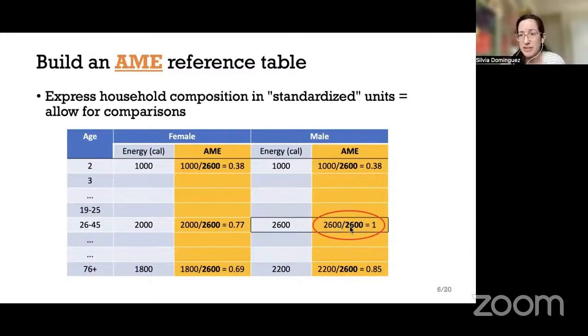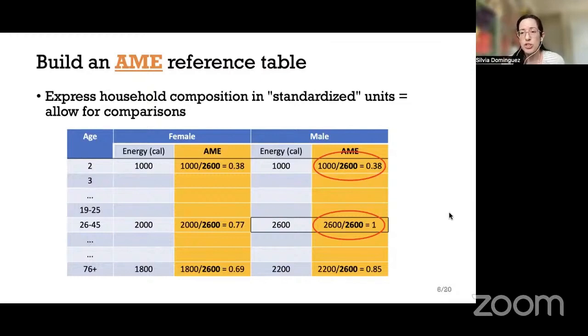We're dividing it by the exact same value because it's a reference individual, so we have 1. But then, for example, a 2-year-old boy represents 0.38 of the adult male equivalent. So this is obtained by dividing 1,000, which is its energy needs, by 2,600.